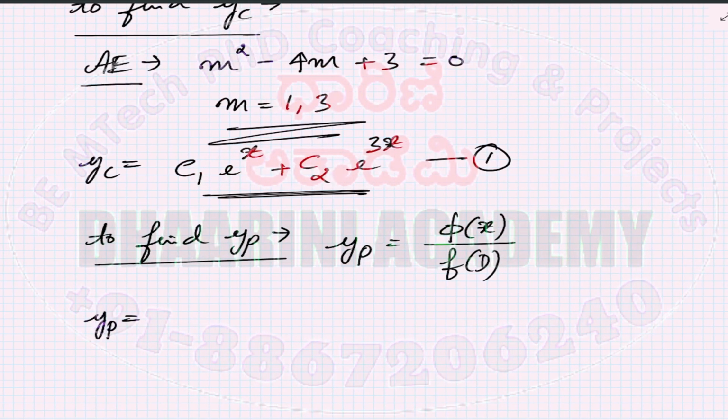We can see that phi of x is given as 2x into e to the 3x, divided by f of D, which is simply D square minus 4D plus 3.